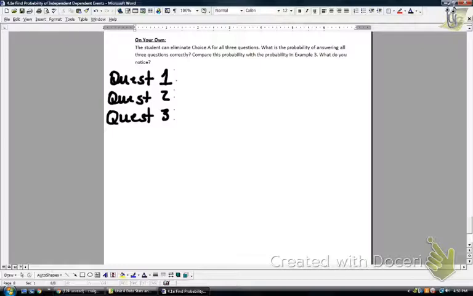Okay, so I just set mine up for the counting principle. That makes sense to me, and I like having my columns separate. So for question 1, I have 1 correct choice. And now I'm able to eliminate 1, so I have out of 4 outcomes. Same thing for question 2, same thing for question 3. So 1 times 1 times 1 is 1. 4 times 4 times 4 is 64.